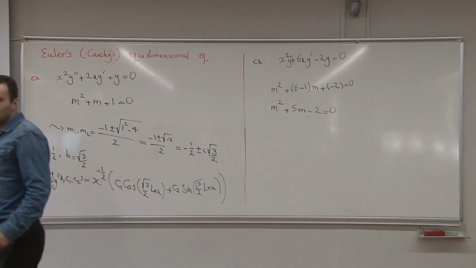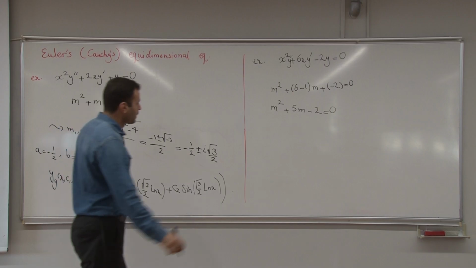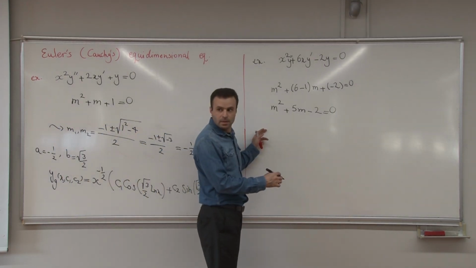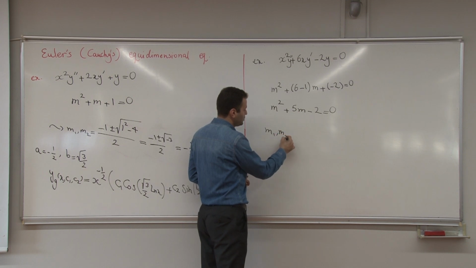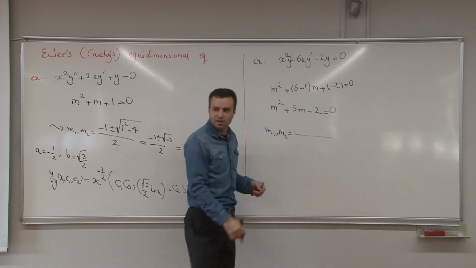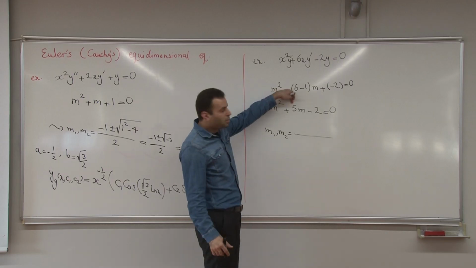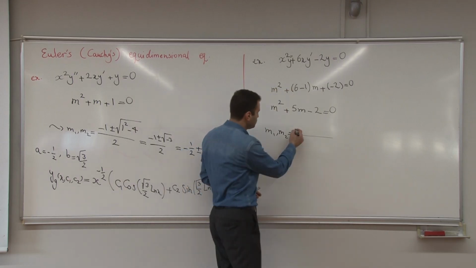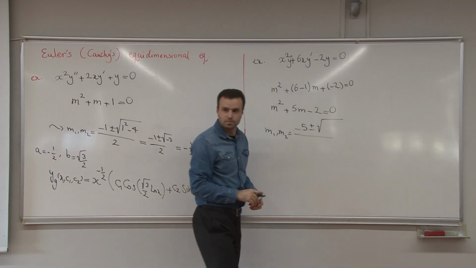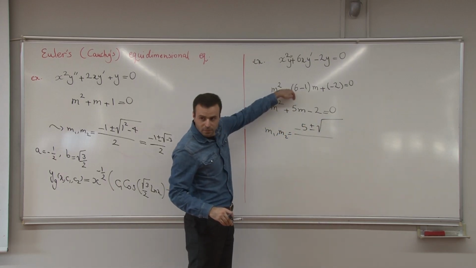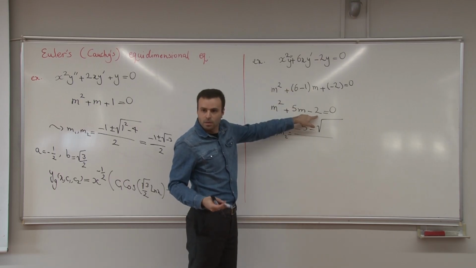Okay? Can you please find the roots of this equation? Minus 5.37 and 0.37. What about the general case? Let's use the delta method. Minus 5 plus minus square root of 5 squared, 25, minus 4 multiplied by minus 2, 8.